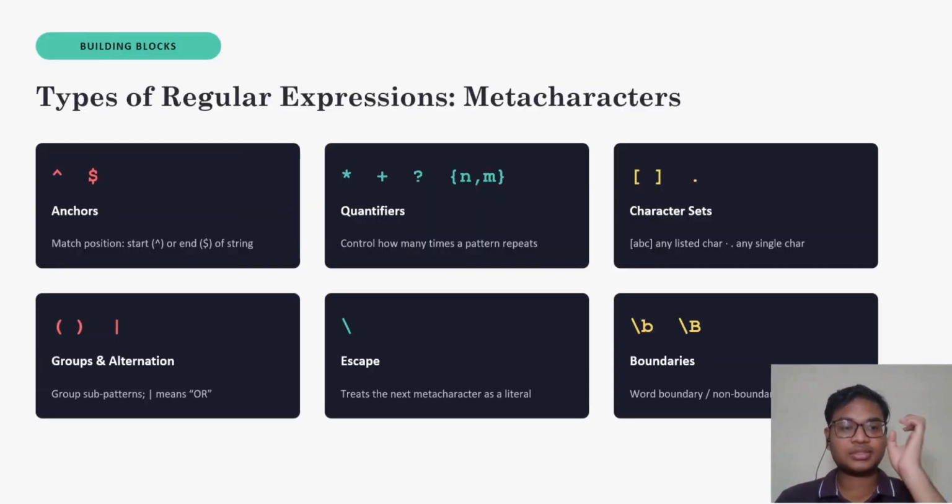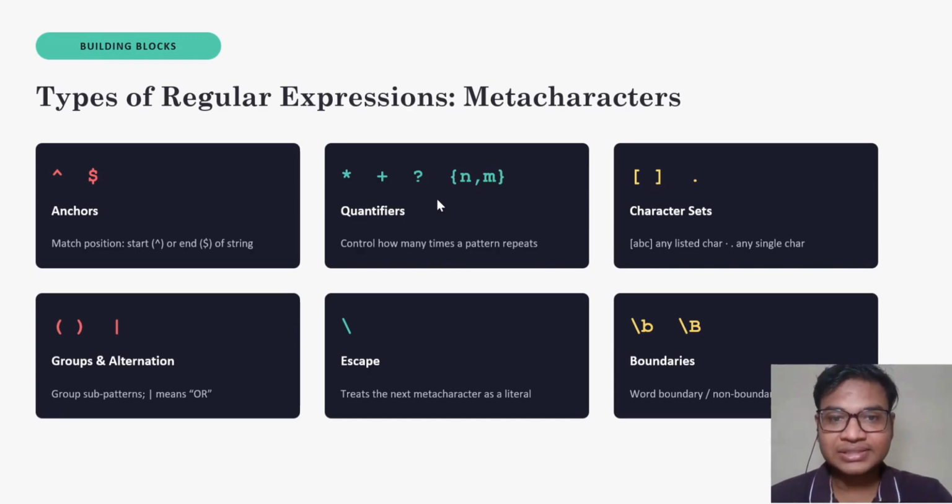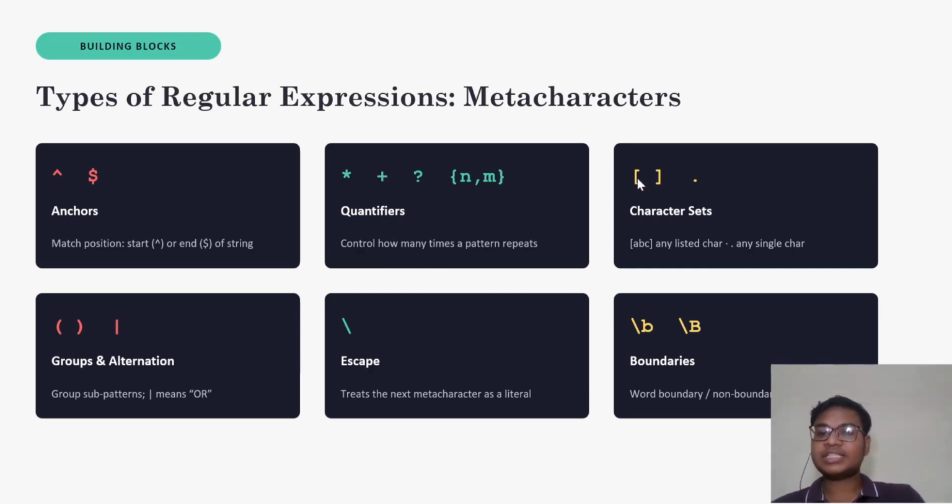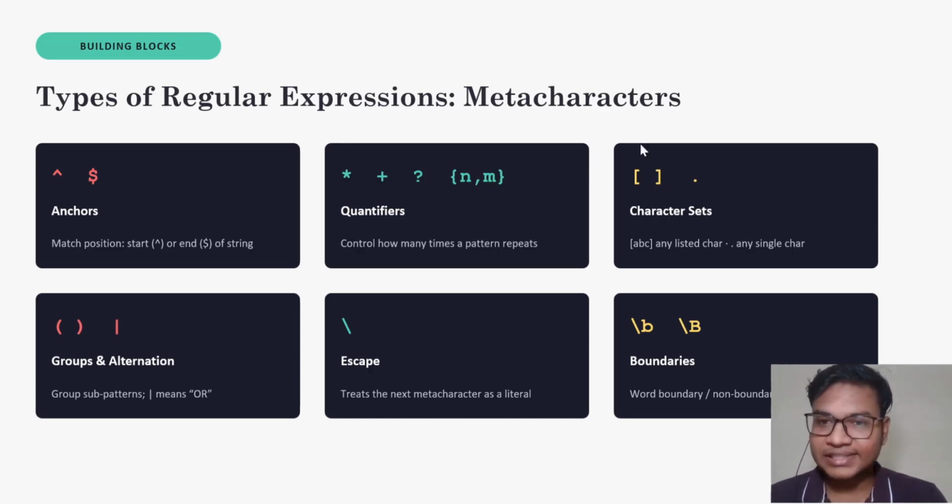After that, we have quantifiers. These are the signs that control how many times a pattern repeats. These are the character sets, meaning any listed character, any single character.